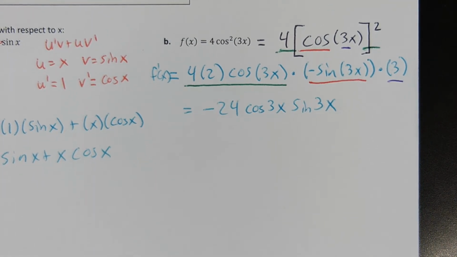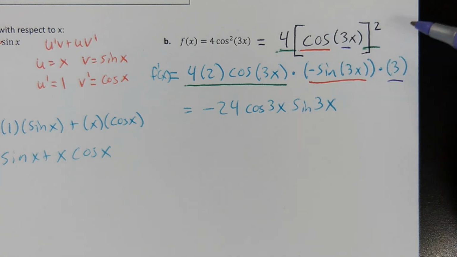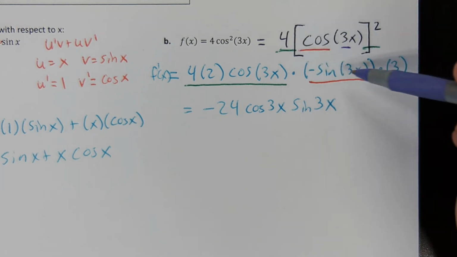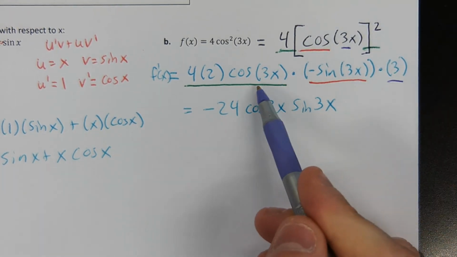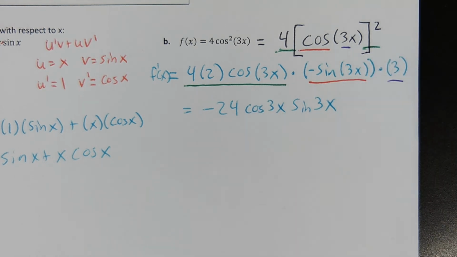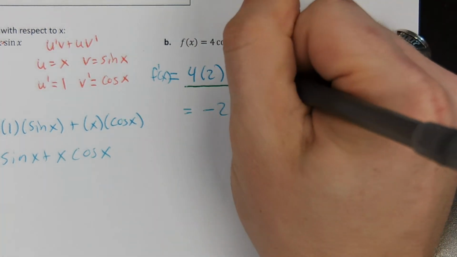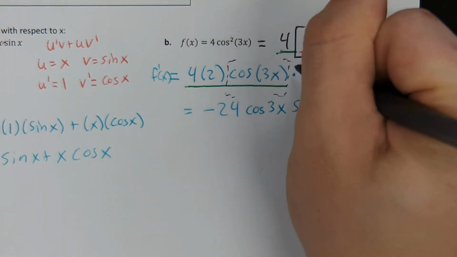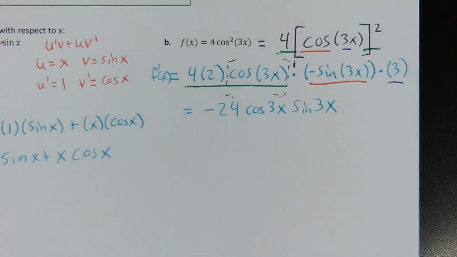So what we did was I tackled the green structure first, not worrying about what its inside is, bringing the 2 down to the front, not touching the inside of the green structure. Here's me not touching the inside of the green structure. But this exponent did decrease by 1. I didn't write it, but I could have snuck in a bracket system right here. But its exponent would have been a 1, so it was unnecessary, and that's why I didn't write it.